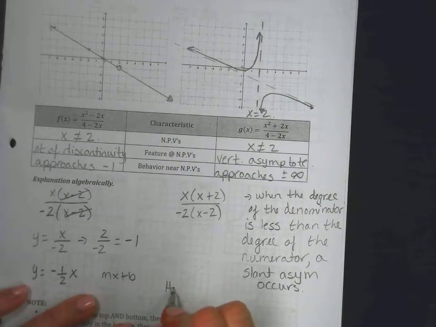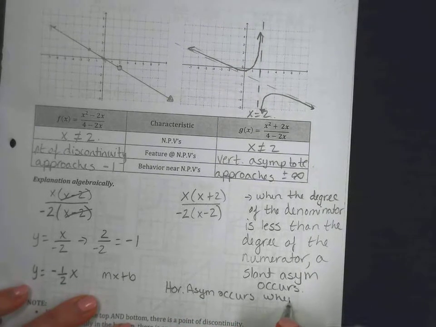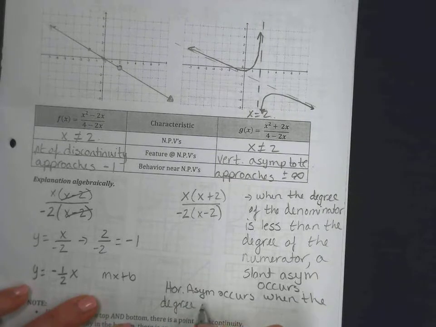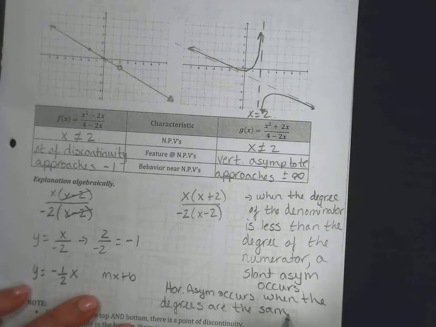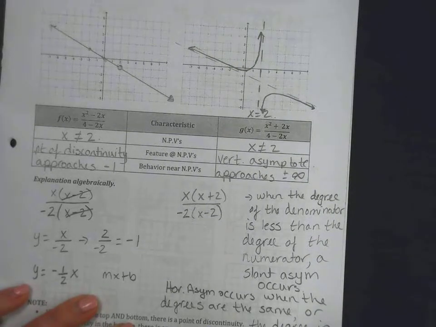Okay, so a horizontal asymptote occurs when the degree in the denominator is greater than the numerator.